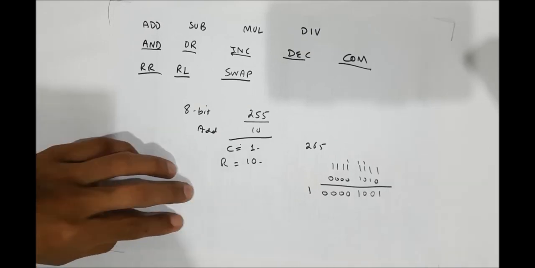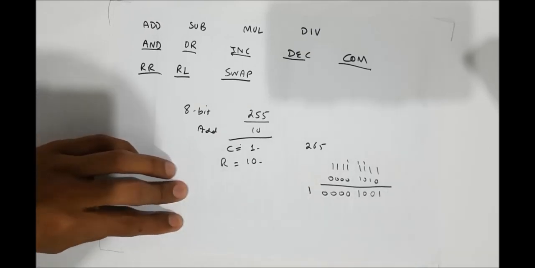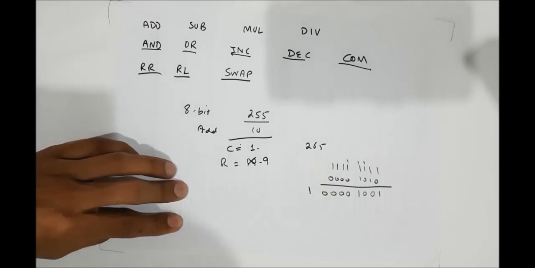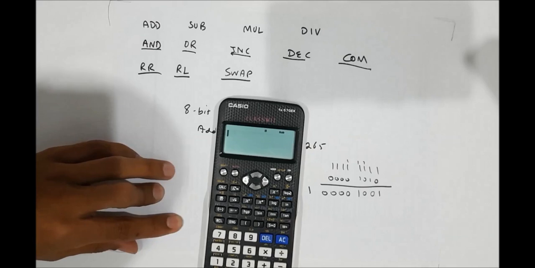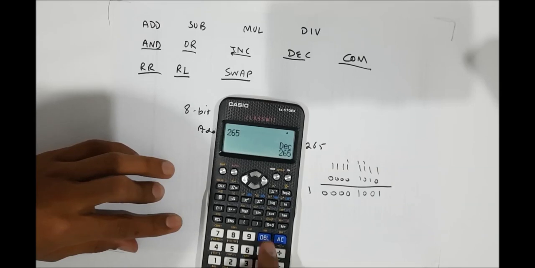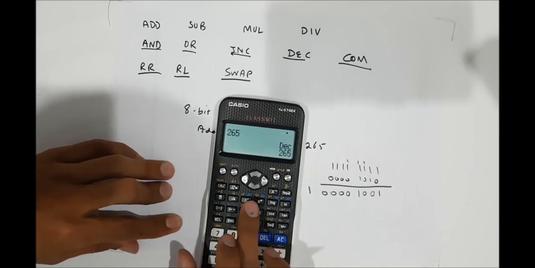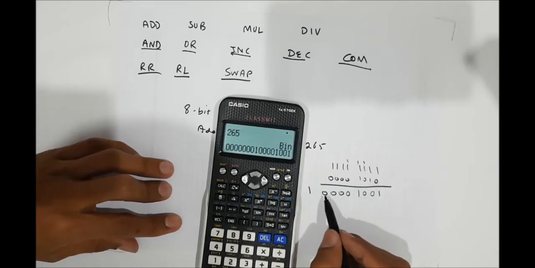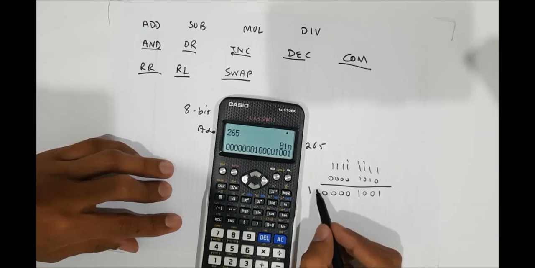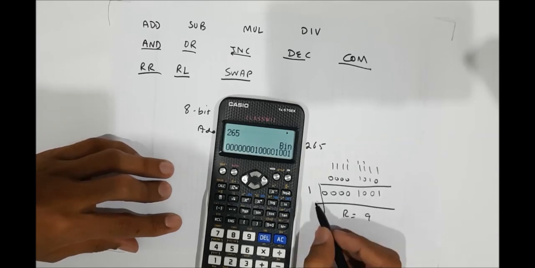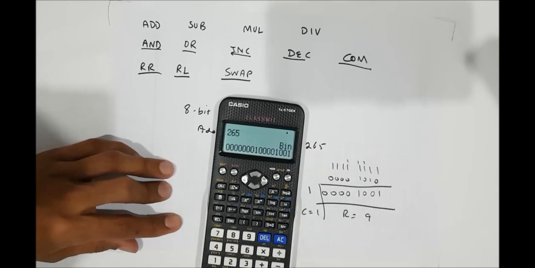So this means the register will be equal to 9, not 10. Let me confirm using a calculator. If we go to the base-n mode and write 265 in decimal, let's see what it is in binary. Yes, 1 0 0 0 0 1 0 0 1. So your register will be equal to 9 and your carry will be equal to 1.